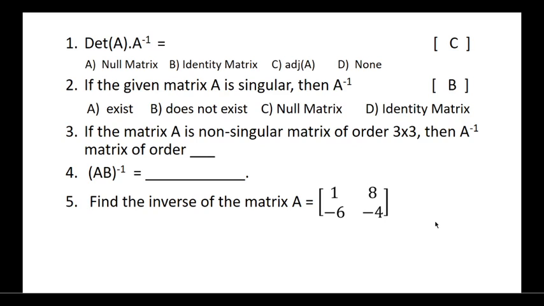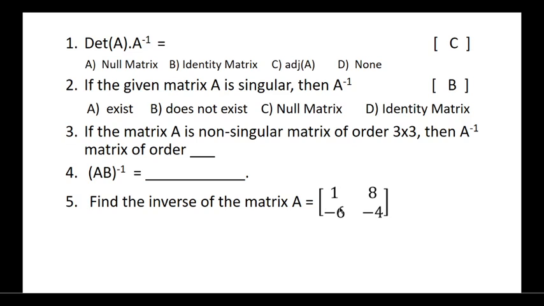Already in the previous session we discussed how to find the adjoint matrix. To find the adjoint matrix, first we calculate minors, then cofactors. After that, the transpose of the cofactor matrix is the adjoint matrix. Now we find the minors of these elements.